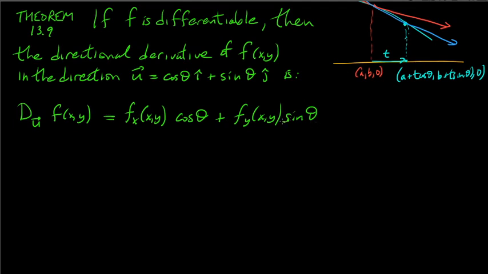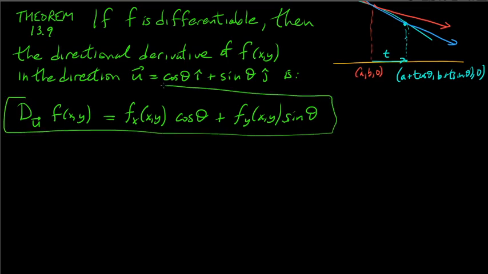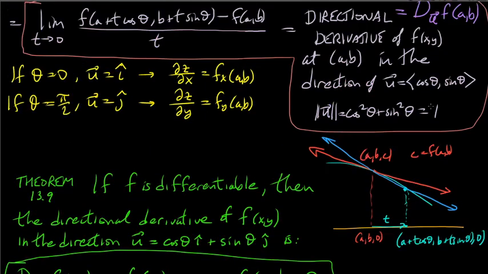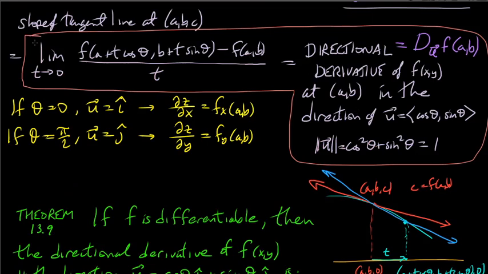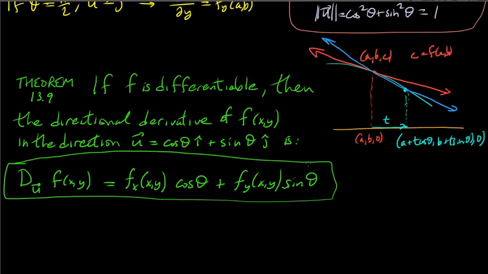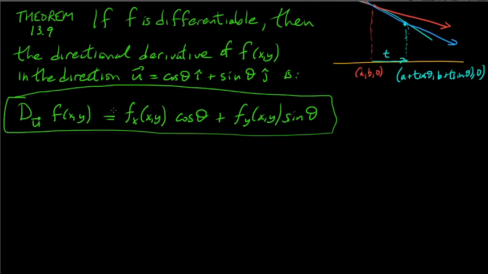So yes, a much more practical, much easier way to calculate the directional derivative than to have to go through and calculate this limit up here. So yep, that's probably the easiest way to do it, because by now you know how to calculate the directional derivatives. And if you're given theta, then you just plug in the sine and cosine of theta.